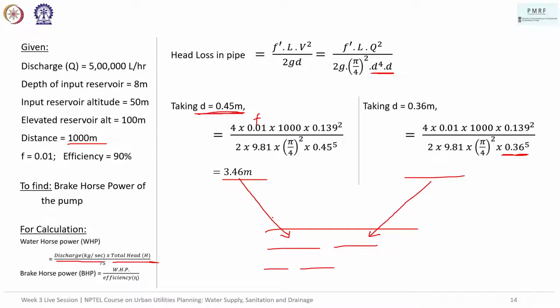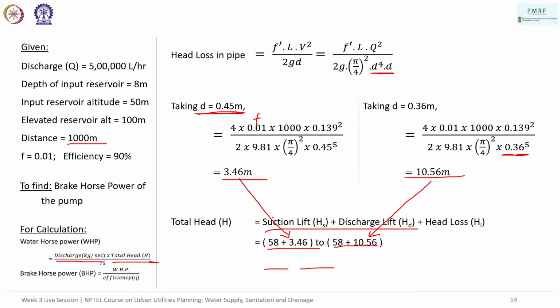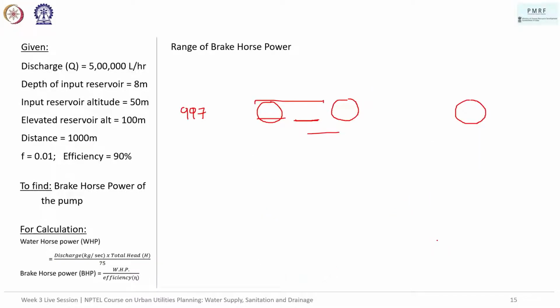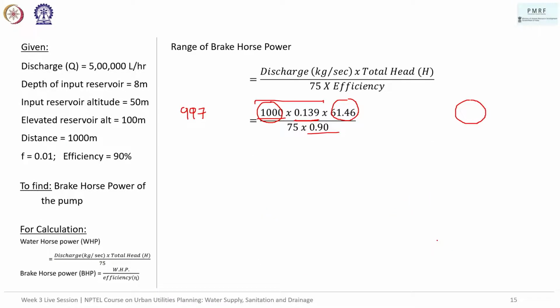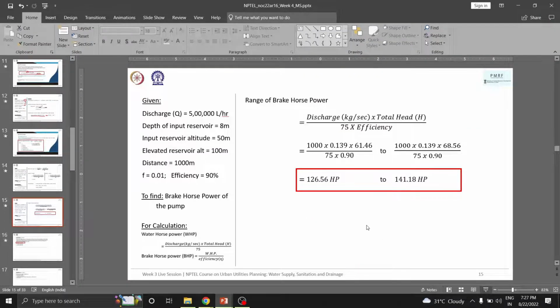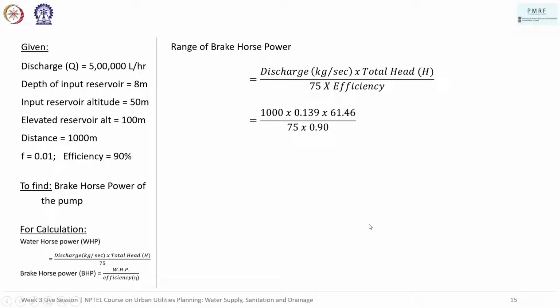Then we calculate the total head using suction lift, discharge lift, and head loss. And then we calculate the range of brake horsepower, right?